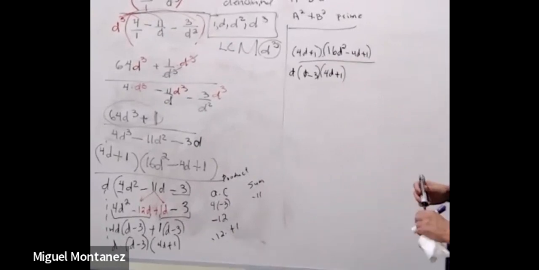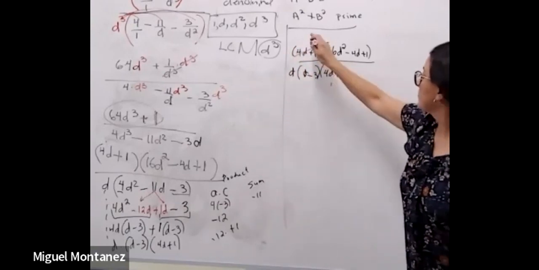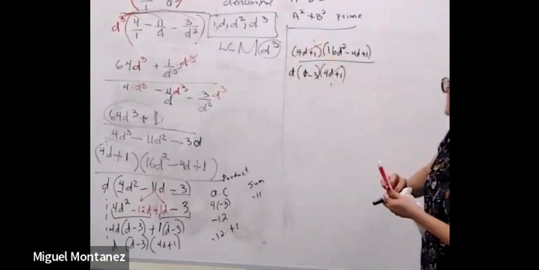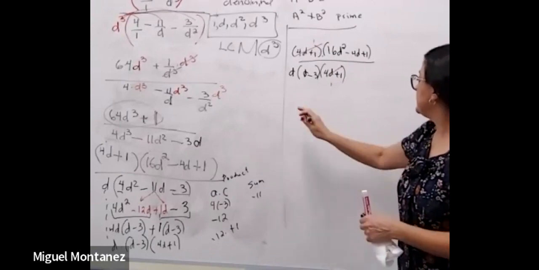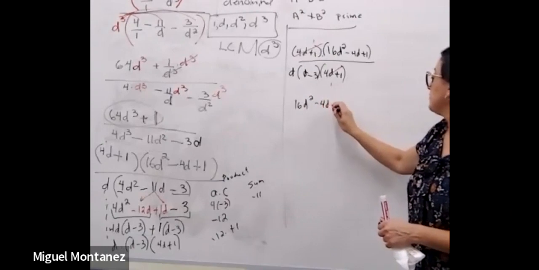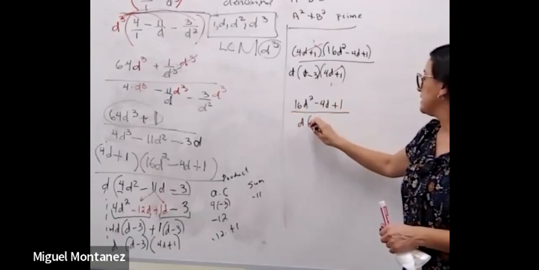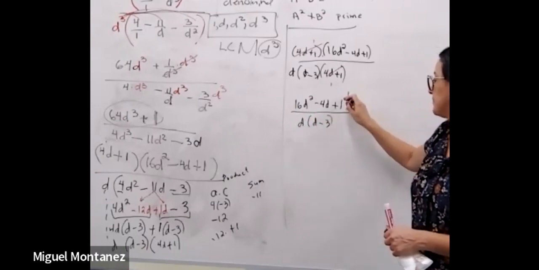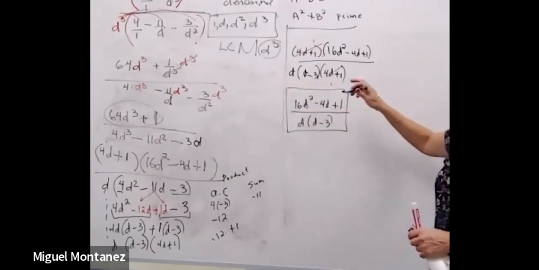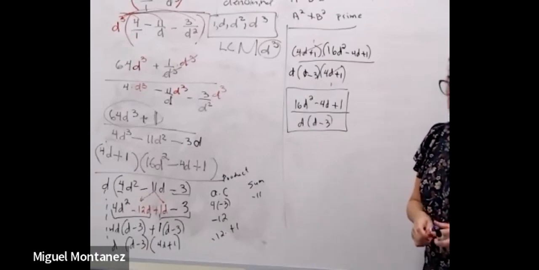And that's it, right? What is in common? In this case, we have the 4d plus 1. So we have 16d squared minus 4d plus 1 divided by d times d minus 3. And that would be how we simplify this complex fraction.